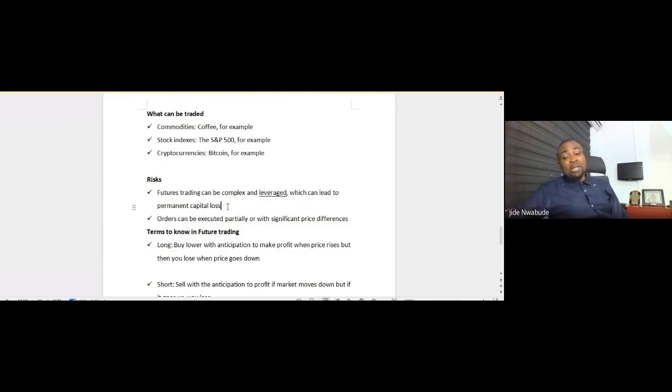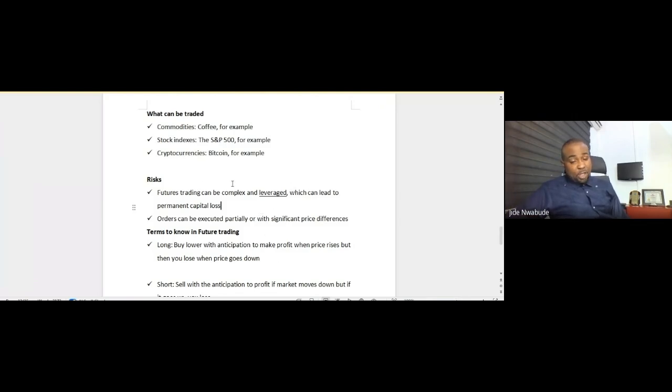At the same time, it could lead to multiple profits. So it's a double-edged sword. If it works in your favor, it could give you multiple profits. But if it works against you, it could take money from you at the same time.